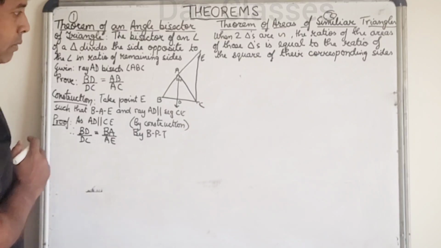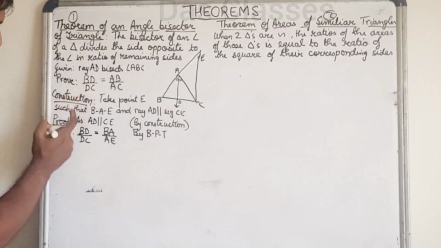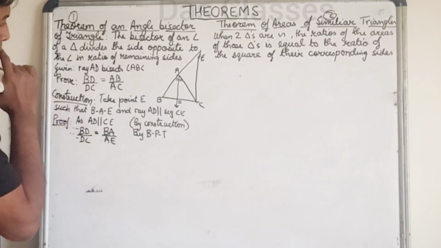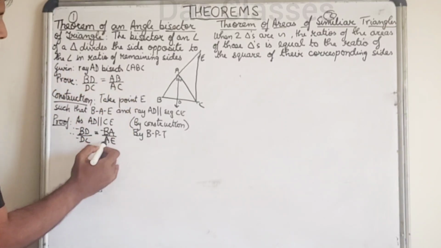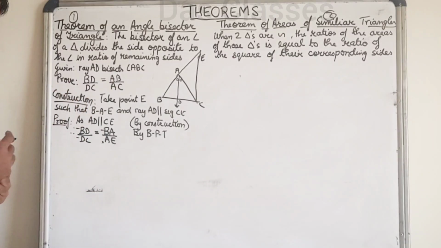Now see what we had to prove. We had to prove BD upon DC, which we have already got, and AB upon AC. AB we have also got. We just want AC instead of AE over there. How do we do it?